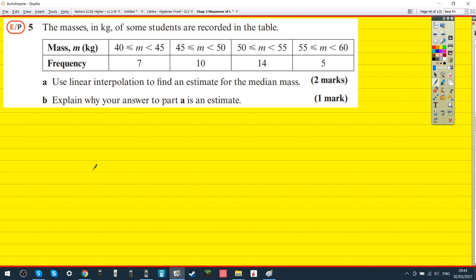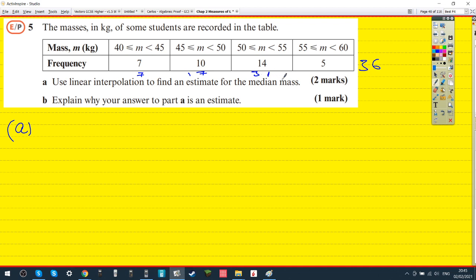So the total's 36. Okay. Cumulative frequency goes 7, 17, 34. And then, wait, it's 31. No, it's 31, isn't it? 31, then 36. 7, 8, 10, 11, yeah, 31.